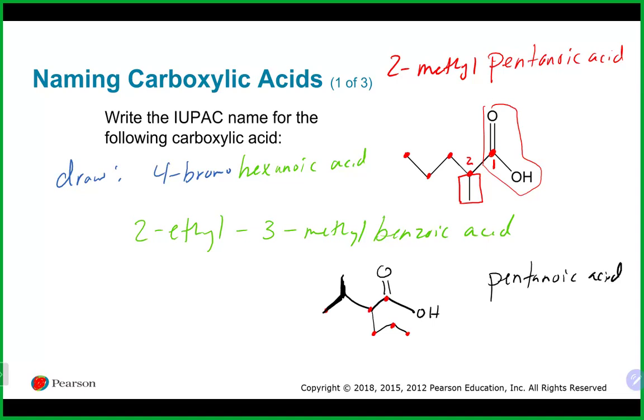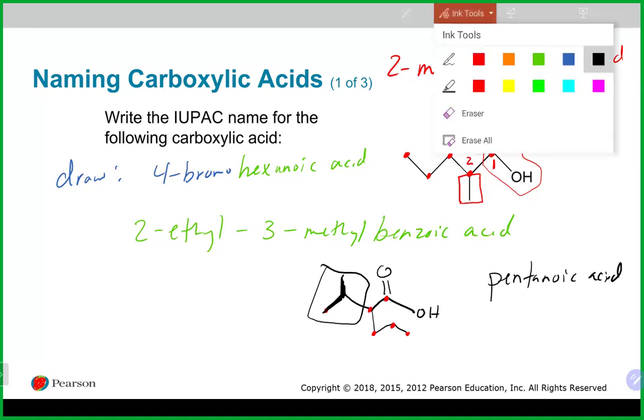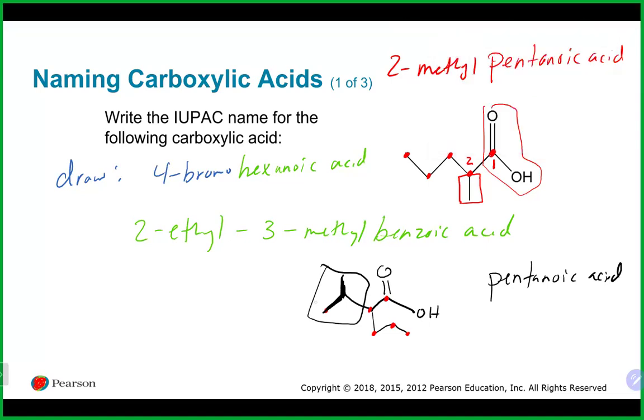We actually do have a group hanging out here, and we actually should know this group. What group is that? It is an isopropyl group actually, because it does have 1 carbon, 2 carbons, 3 carbons, right? So this guy at the end is CH3, guy in the middle is CH, the guy at the end is CH3.